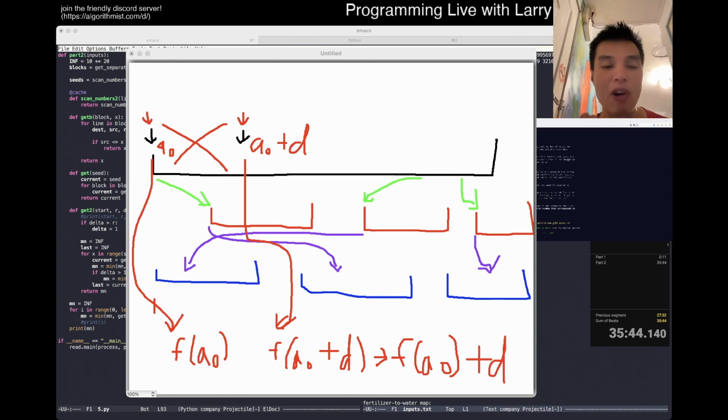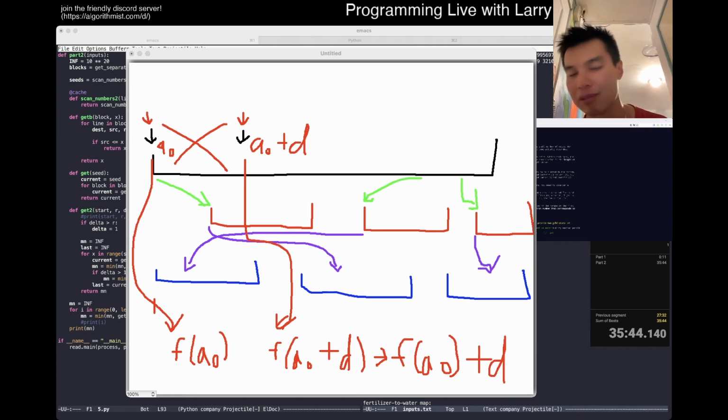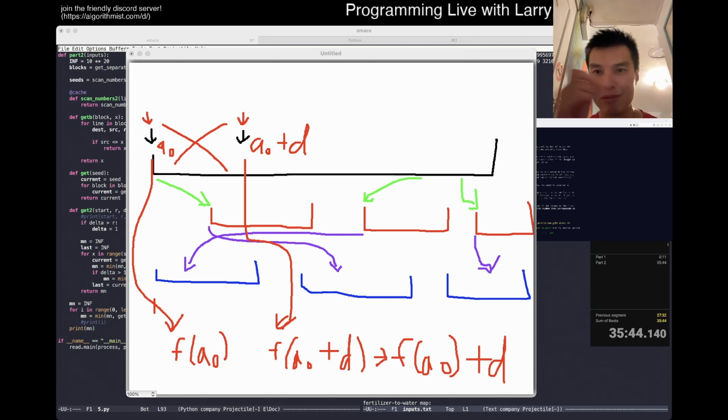Of course, if your general input includes ranges of mappings with, in the worst case, just one number, then you're going to miss it, because you missed that one number that corresponds to the min. But in this case, all the ranges are big enough, so this will do as long as your delta is reasonably small.